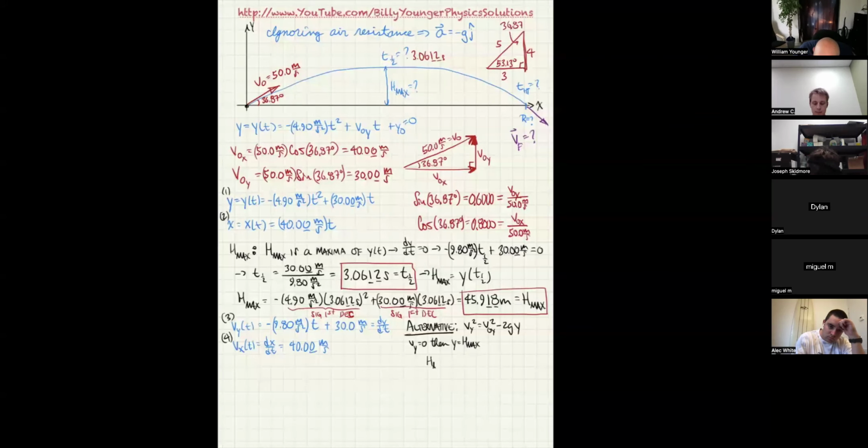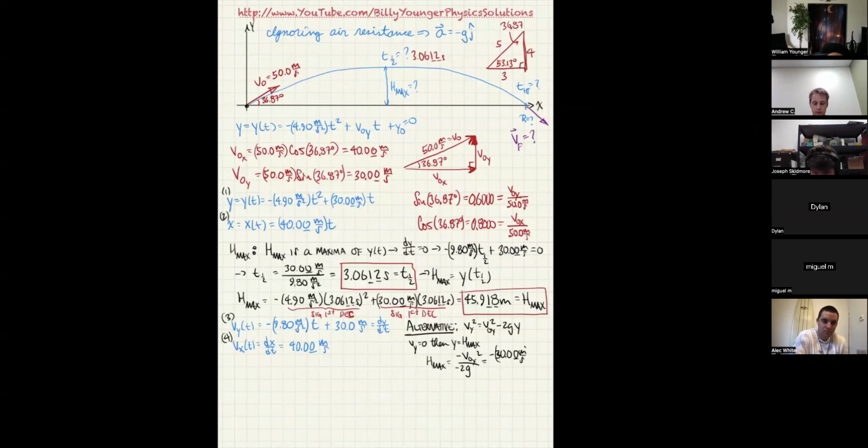So H max is equal to negative V0y squared over negative 2g. So we'll get negative 30.0 meters per second squared divided by negative 2 times 9.80 meters per second squared.